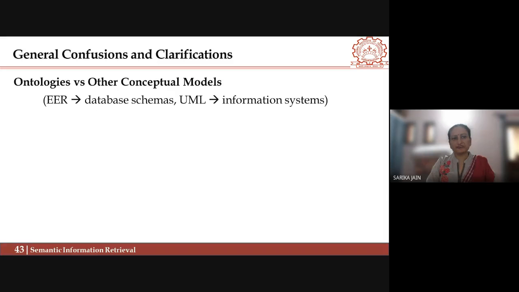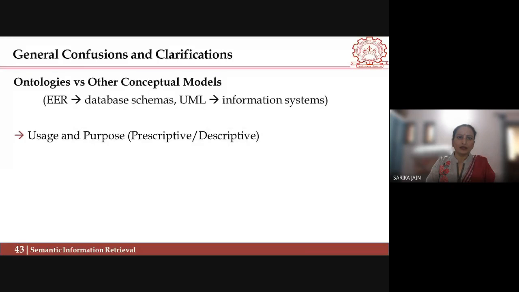There is a difference between ontologies and various conceptual models also in terms of usage and purpose. Conceptual models are a means to construct a technical system anew. That is the usage and perspective. They are not consulted and modified when the DBMS is in use, while in contrast an ontology is consulted always, at runtime also.